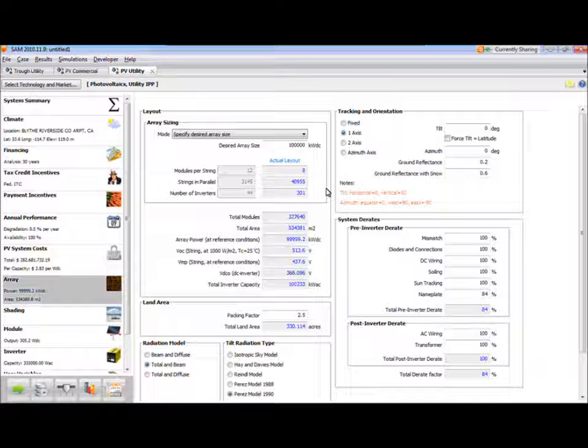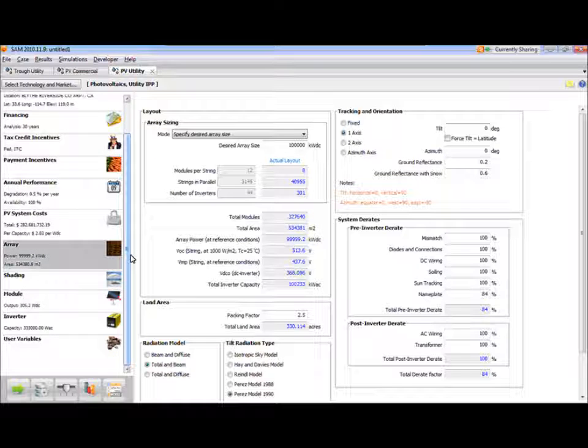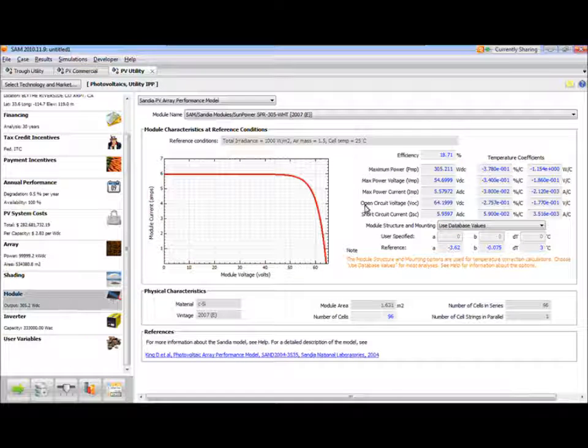And SAM is building the PV system of modules and inverters that I've specified on the module and inverter input pages. So if I scroll down here to the module page, I can see that we're using a SunPower 300 watt module.